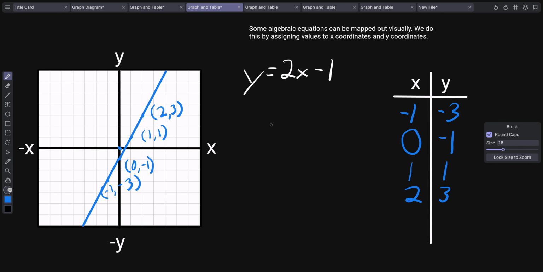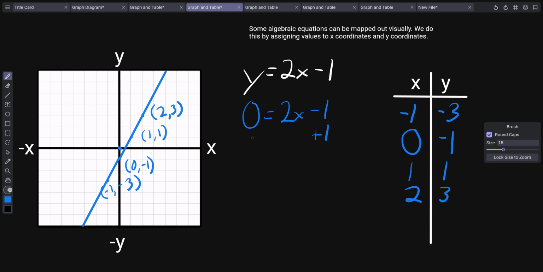So if I wanted to find out where the line touches the x-axis, what I would do is I'd actually set y equal to 0. And you'll see why I would do that soon. So I'm going to set y equals to 0. And then I'm going to do 2x minus 1. And now I'm going to solve for x.